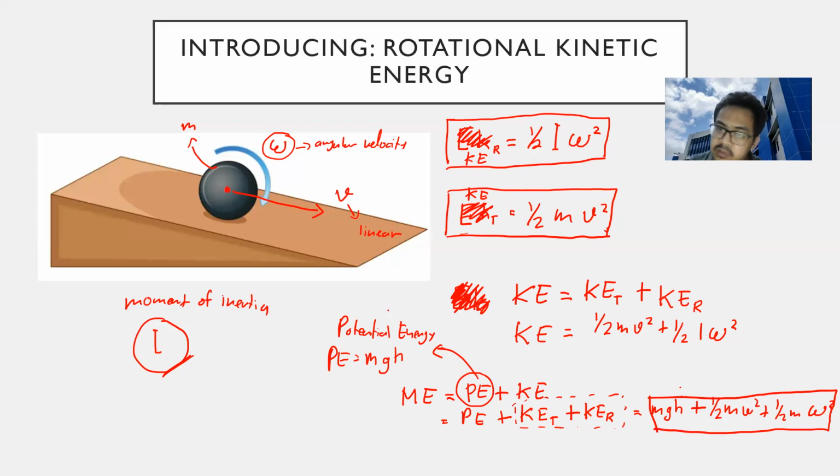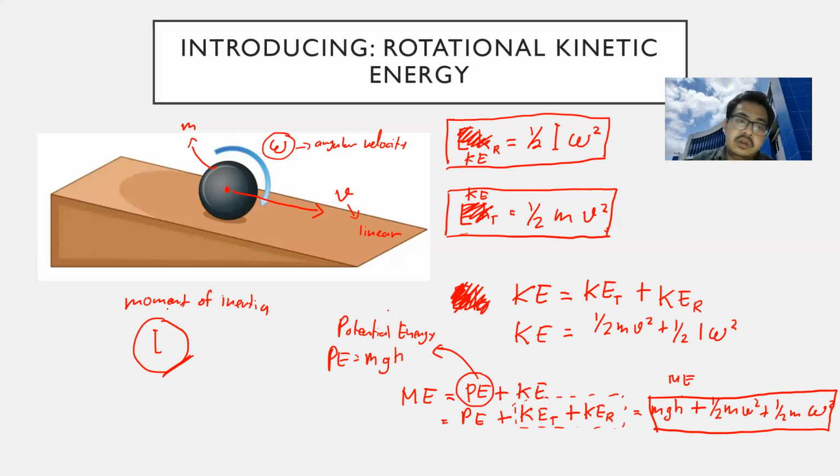Okay, this is the total mechanical energy. As you can see here, we have the term of potential energy and also the translational kinetic energy and the rotational kinetic energy. Okay, I hope this is clear enough for you.